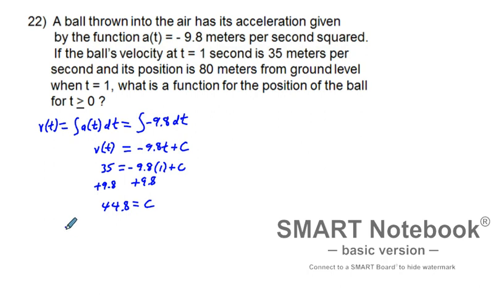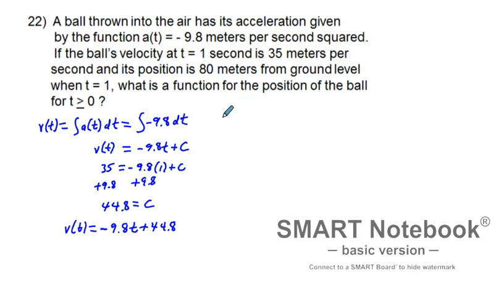So v of t is equal to negative 9.8 t plus 44.8. That's like our initial velocity, 44.8, and then the velocity is going to decrease as time goes on.